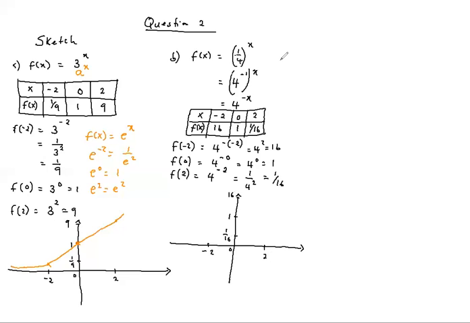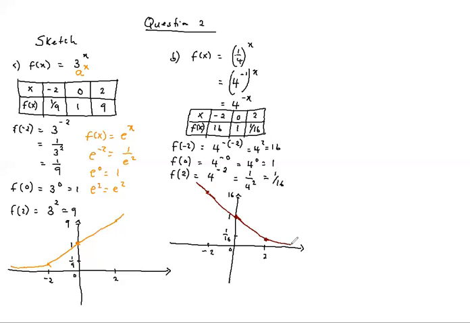Now, when x is negative 2, we are getting positive 16. When it is 0, we have 1. So sketching this will be like that.